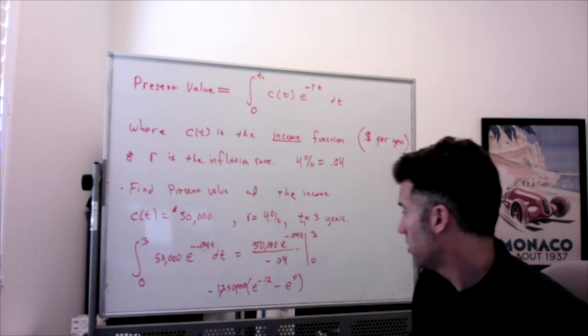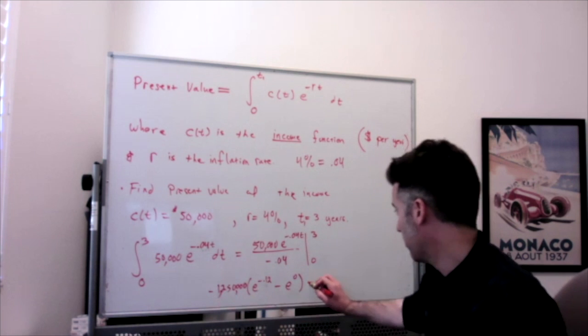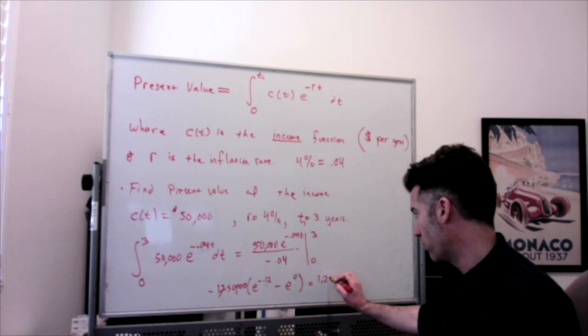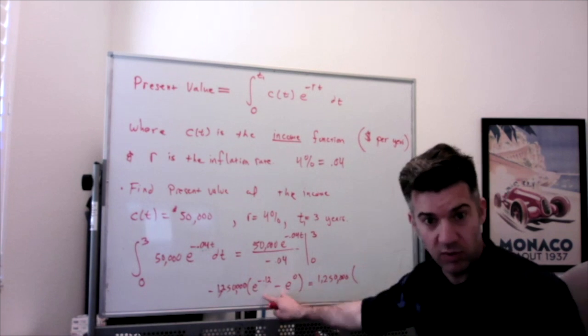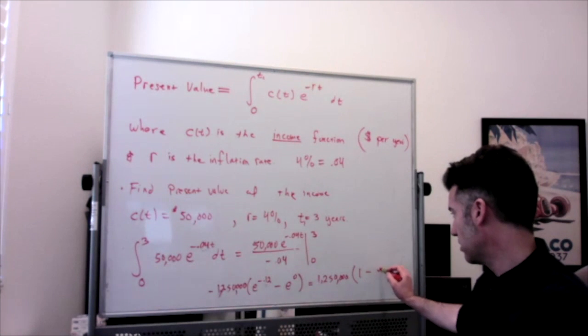So let's see. If we calculate this, I'm actually going to change this a little bit. I'm going to make this a positive 1.25 million times. I'm going to switch the order of subtraction here: e to the 0 is 1, minus e to the negative 0.12.